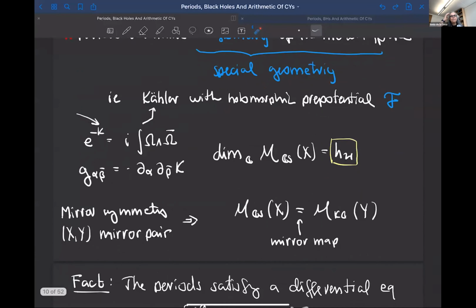Mirror symmetry, I won't discuss mirror symmetry in these talks, but we know that the moduli space of complex structure of a Calabi-Yau is isomorphic to the moduli space of the Kähler class parameters of its mirror.